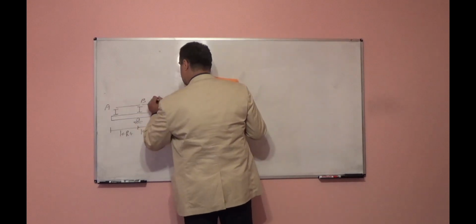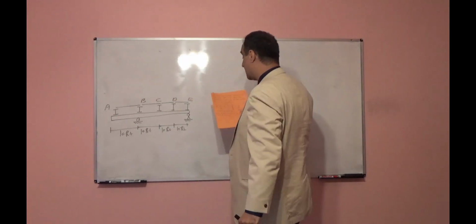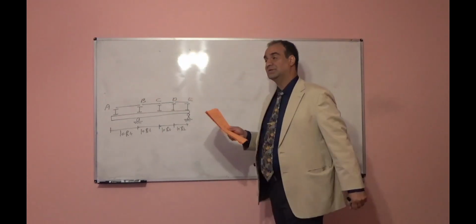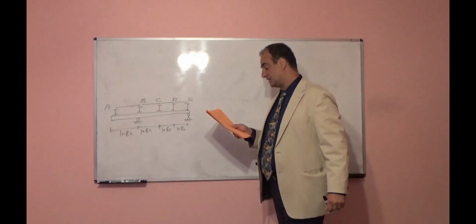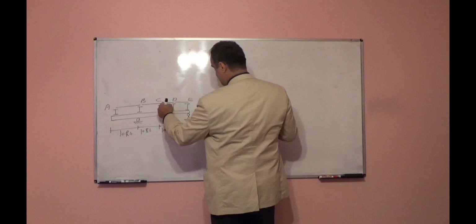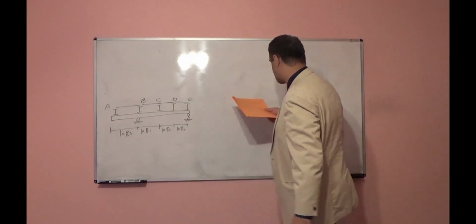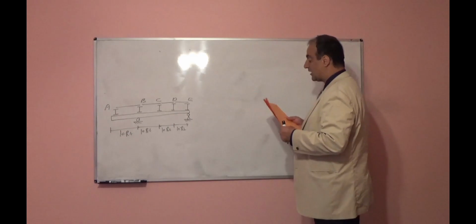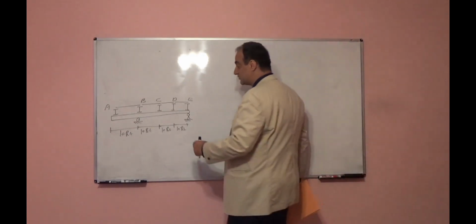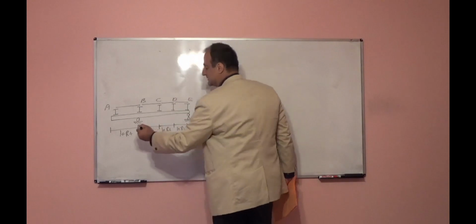A, B, C, D, E. And here, for example, we want to draw the influence line for shear in panel CD. Panel CD, this panel. So, draw the influence line for the shear in panel CD of the floor girder.